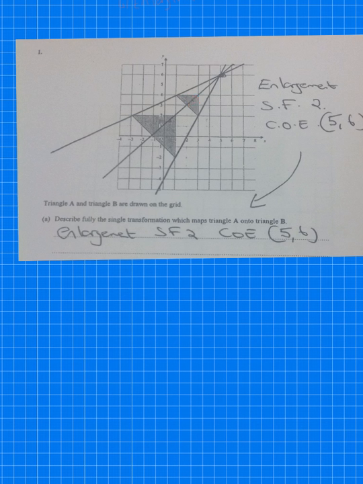Draw a line right through. And this point is the same as this point over here. Draw a line through both sides. And somewhere along the line, all the lines will meet at one coordinate. And that coordinate is your centre of enlargement. So we go across and we realise it meets at the point 5, 6. So centre of enlargement is 5, 6. So we need 3 things. It's enlargement by a scale factor of 2, centre of enlargement 5, 6.